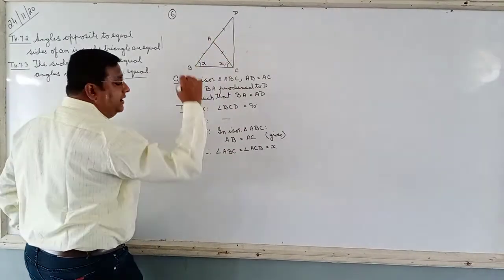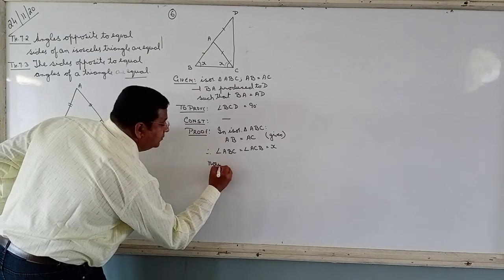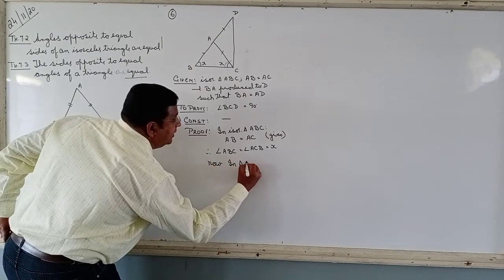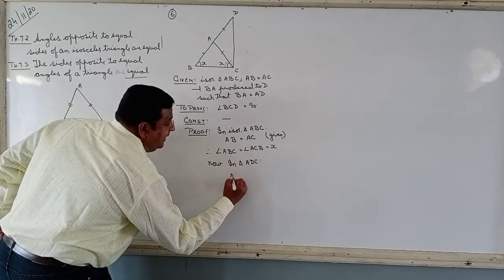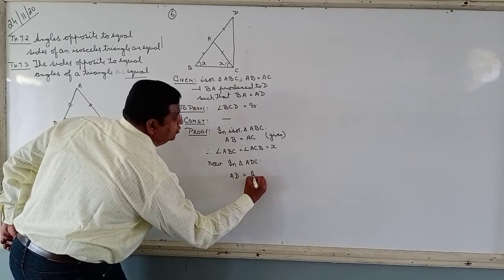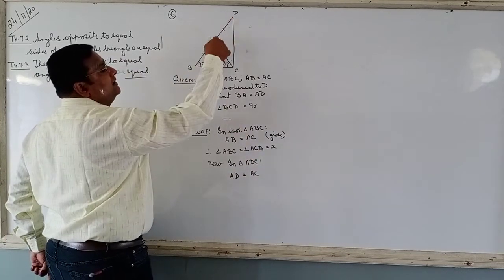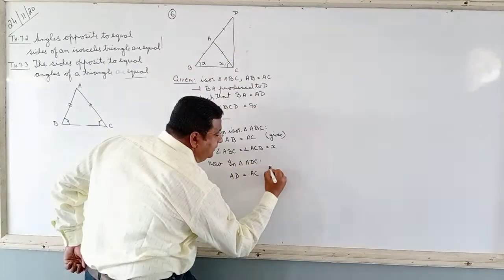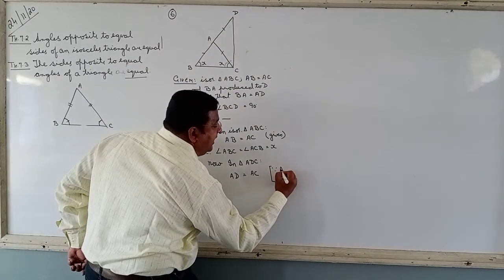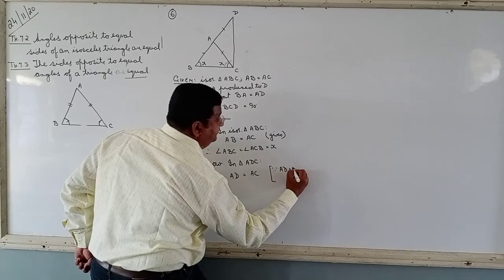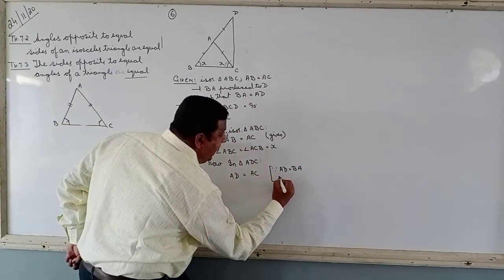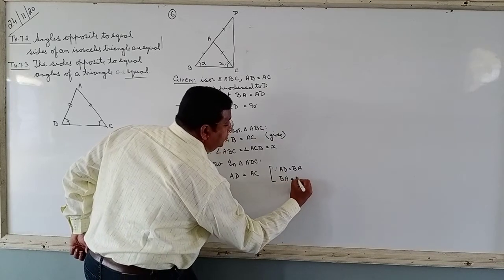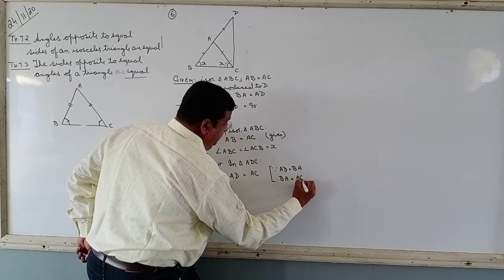Take a look at this triangle now. Now, in triangle ACD, AD is equal to AC. Reason? Because AD is equal to BA and BA is equal to AC.